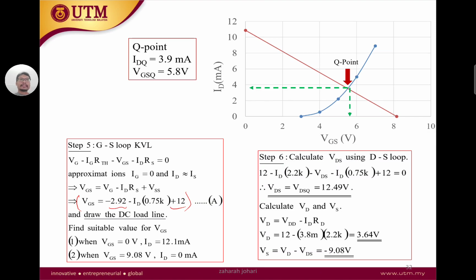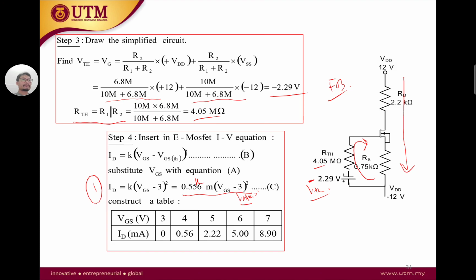So if you do this correctly, let's have a look here. Basically it's minus 2.29 minus IG RTH, plus VGS minus IDRS plus 12 equals 0. So this is our KVL loop.